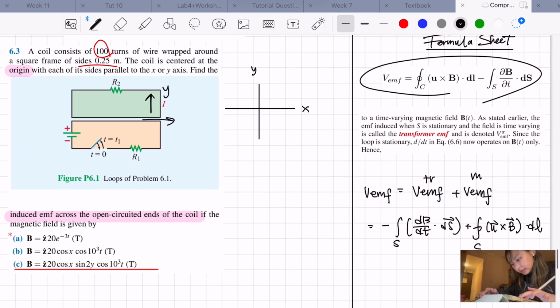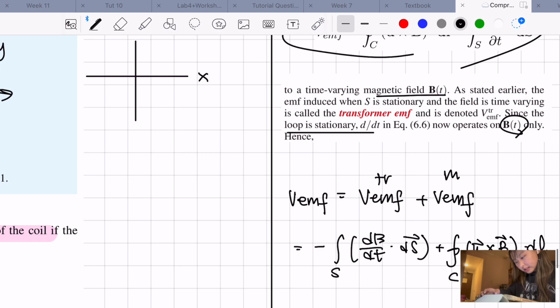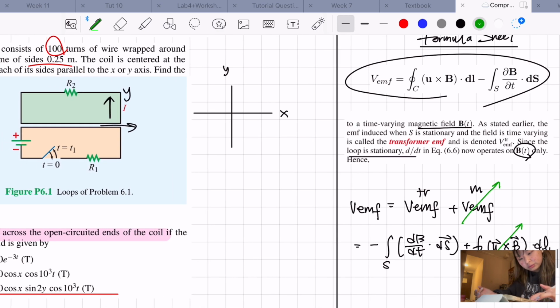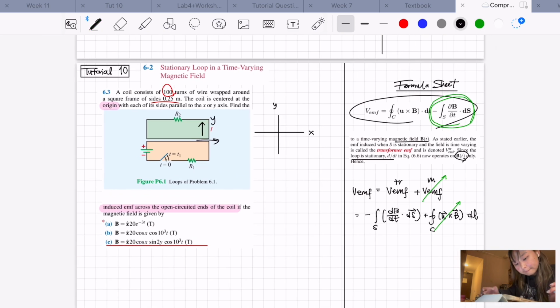And here, because for a time-varying magnetic field, if the loop is stationary, it operates in B(t) only. It just means that the magnetic component of the VEMF is not present in this situation. So we don't want to consider this in the equation. From the equation sheet, we only want to care about this aspect of it, which is VEMF from the transformer.